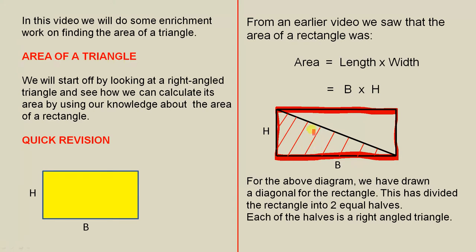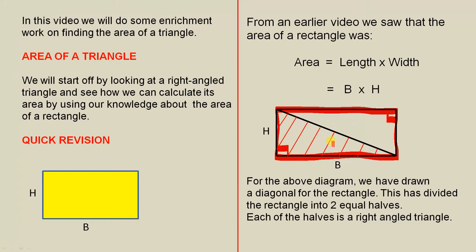That's the whole idea of a rectangle. It has this particular property that if you draw a line across there, which is the diagonal, it divides the rectangle into two equal halves, and each of them is a right angle triangle.